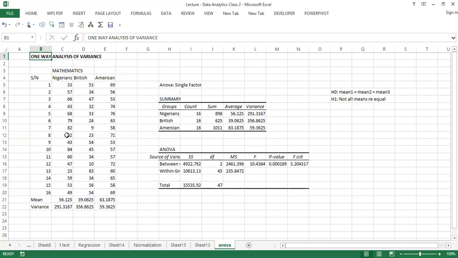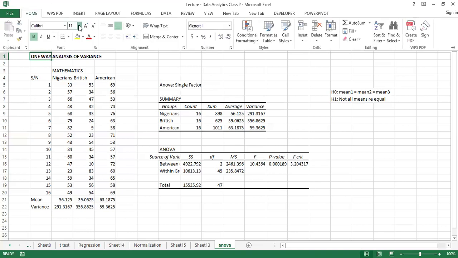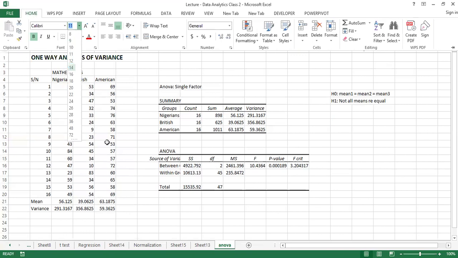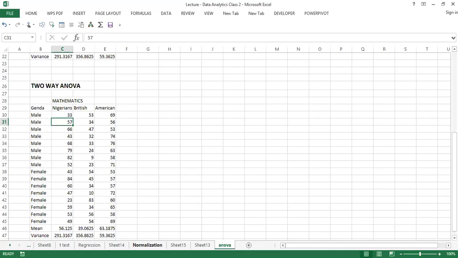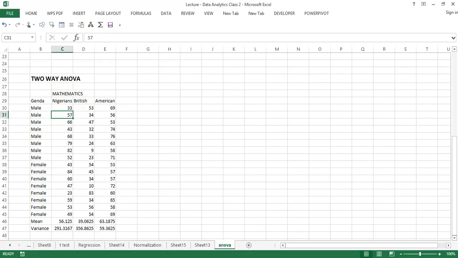Okay, so we can do a two-way analysis of variance as well. Let me get data for that. So let's see how the two-way analysis of variance works.